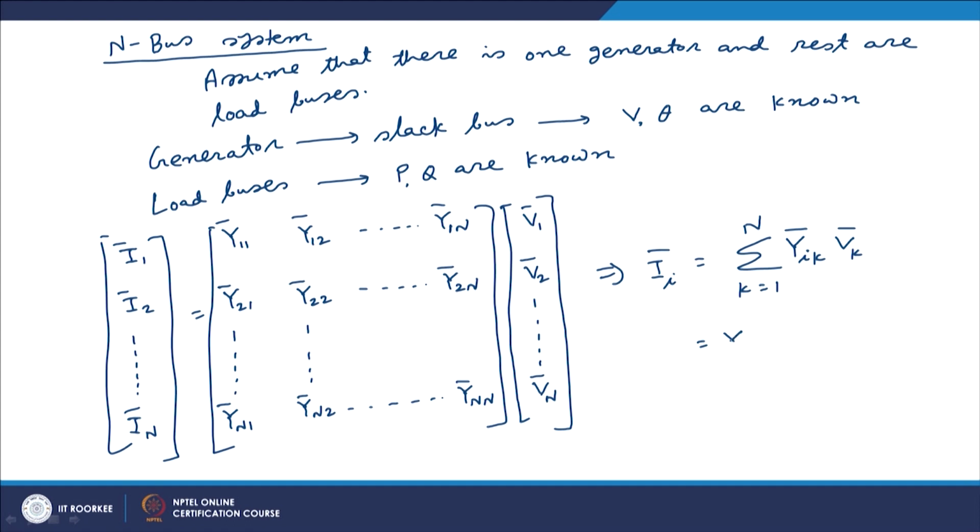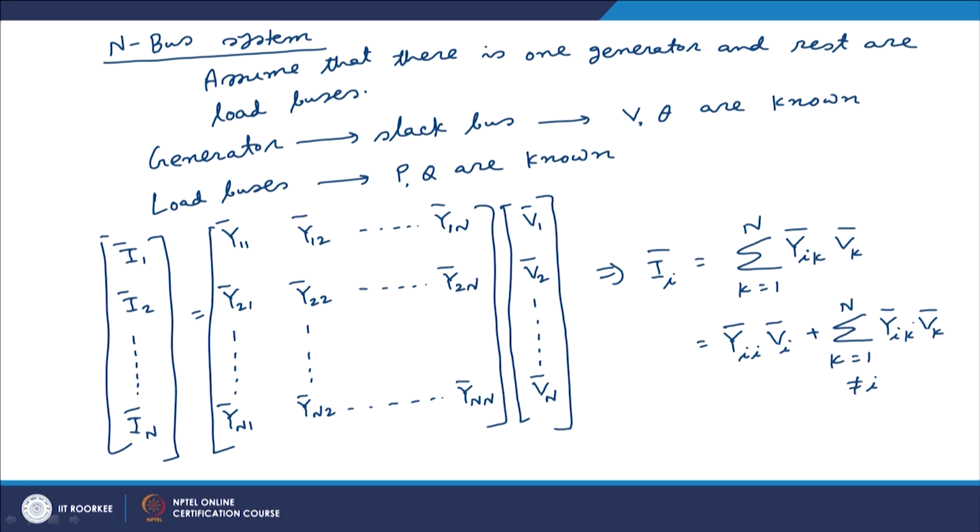What we have done here is a very simple thing: we have simply taken out the ith index term from the sum, and then put the other terms together.